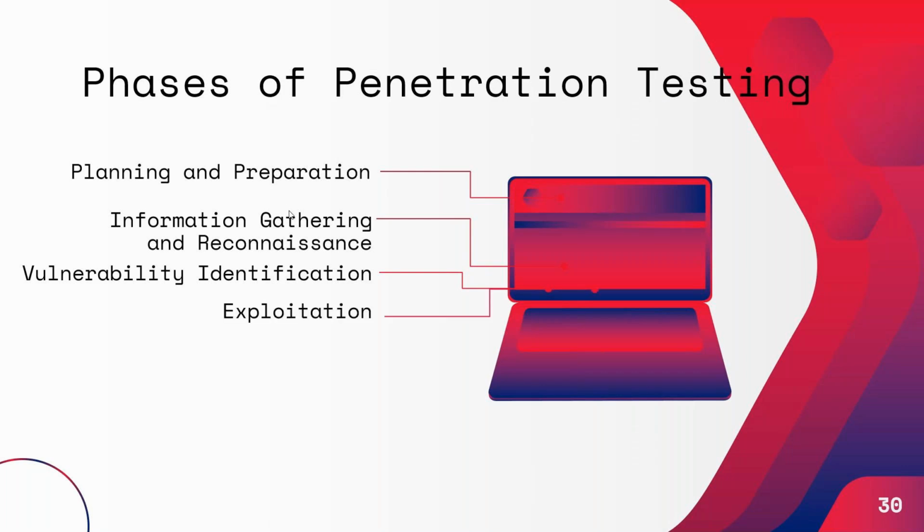And then, of course, not only identifying the vulnerabilities, we will actively exploit those vulnerabilities to see whether they can actually be exploited or not. That is what exploitation is all about.